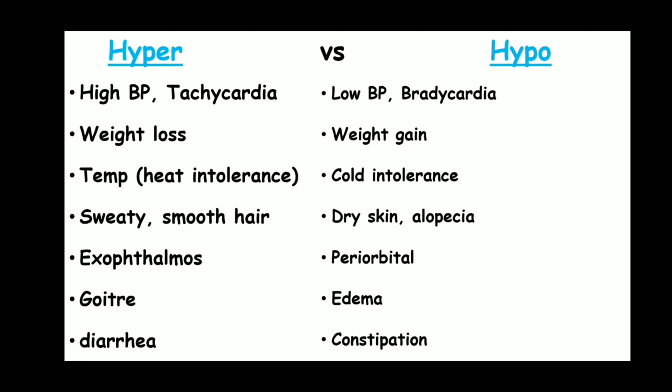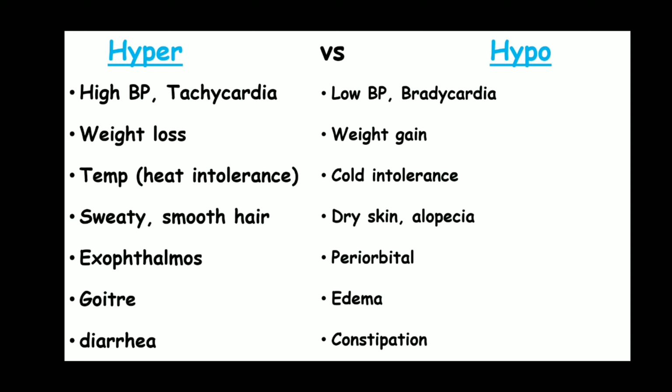And periorbital edema; they don't have exophthalmos. Periorbital edema is not in all hypothyroidism patients; it's mainly seen in myxedema patients. Generalized edema can be seen in some patients, and also constipation instead of diarrhea. These are the important features of hypothyroidism and hyperthyroidism.